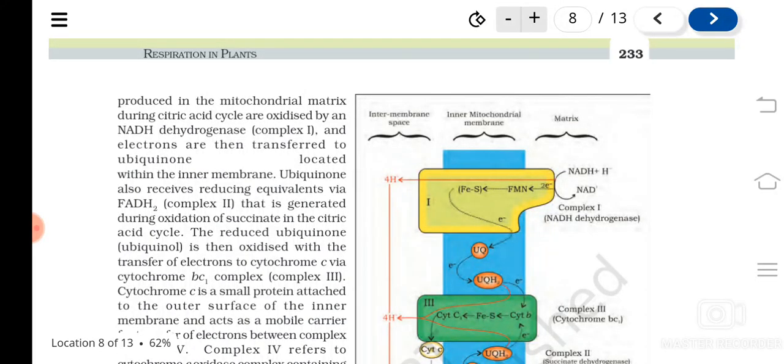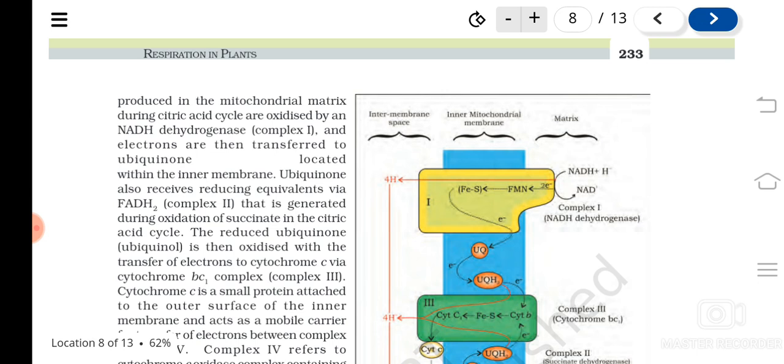Understood? So like this, in the inner mitochondrial membrane, you have learned now, mitochondria has an outer membrane and an inner membrane, and the inner membrane is folded into different structures called cristae.